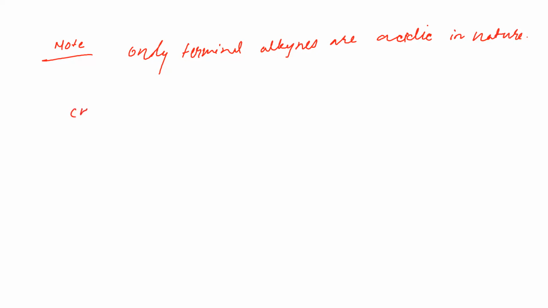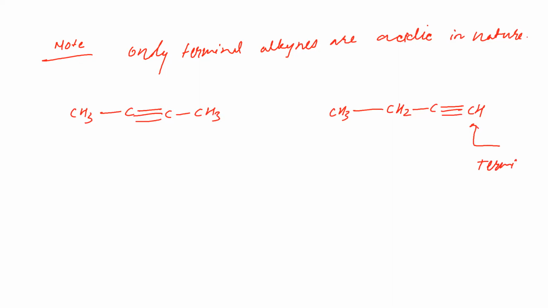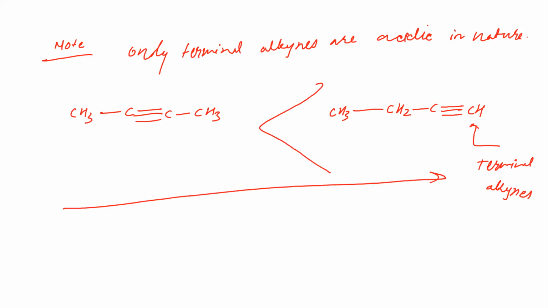Suppose we have CH3-C triple bond C-CH3, where there is no acidic hydrogen. And similarly, if you have CH3CH2-C triple bond C, right? So this is the terminal alkyne. Terminal alkynes are acidic, so this is the acidic order. The other one is almost non-acidic; it is not going to be acidic. This is one of them, right.